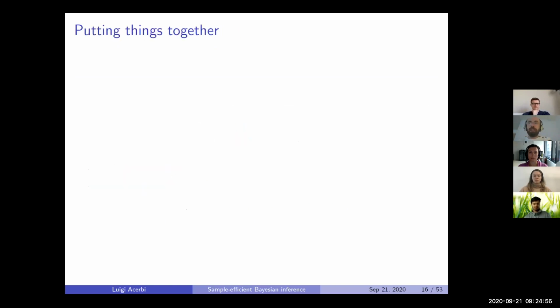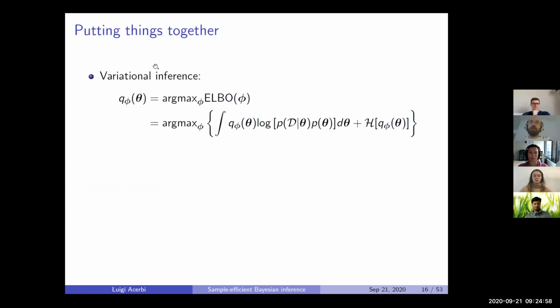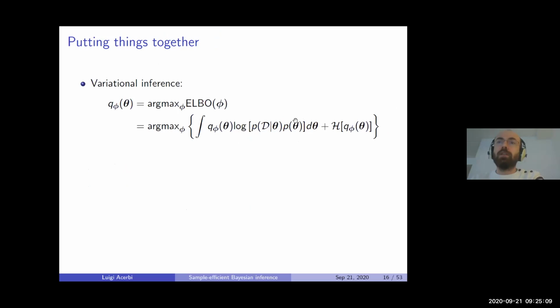So putting all these three elements together, first of all, we have variational inference. Sorry about that, it's the only equation I have, a complex equation. This is the expression for the ELBO, the evidence lower bound that I mentioned, which is used in variational inference. It's made of two parts. We want to maximize the ELBO, remember, to get the approximate distribution to be as close as possible to the true posterior.